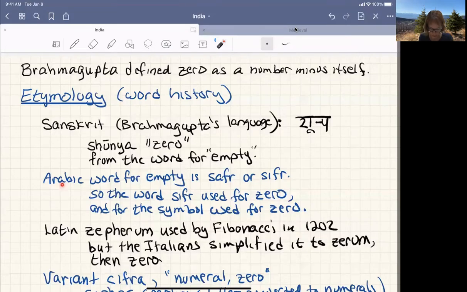Now, the Arabic word for empty is safra or sifra. And so the word sifra was used for the word 0 and also for the symbol used for the number 0.